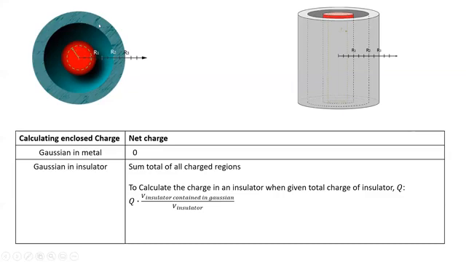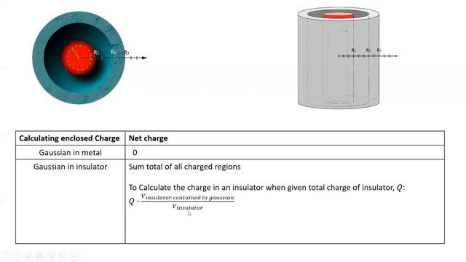Let's say the Gaussian pillbox is in this outer shell. I would have to multiply the volume of the insulator contained inside that Gaussian divided by the volume of the insulator itself. To find the volume of the insulator itself, you would have to take 4/3 pi r cubed for this outer radius, and then subtract out this donut hole inside the center, so minus 4/3 pi the inner radius cubed.